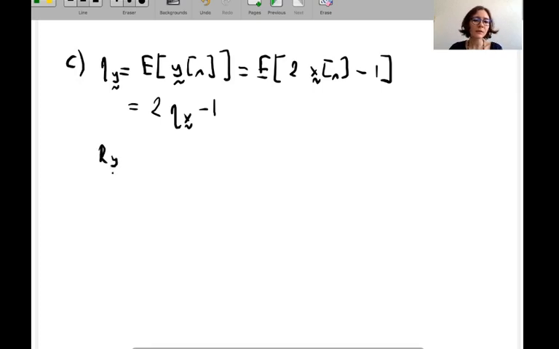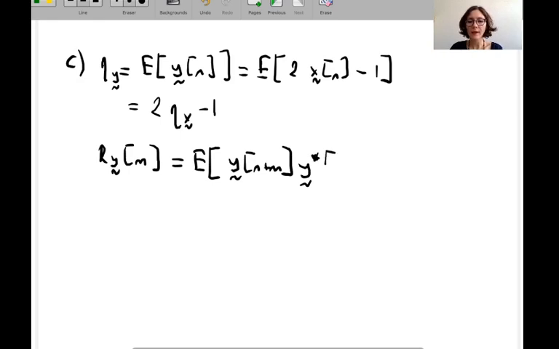And similarly, if you look at the autocorrelation function of y, so let's just write down the expression for that. So actually x is real, a Bernoulli process, 0 or 1, so you could get rid of the complex conjugates. So let's simplify our expressions.